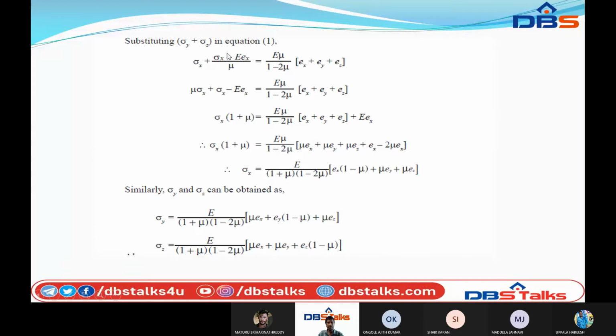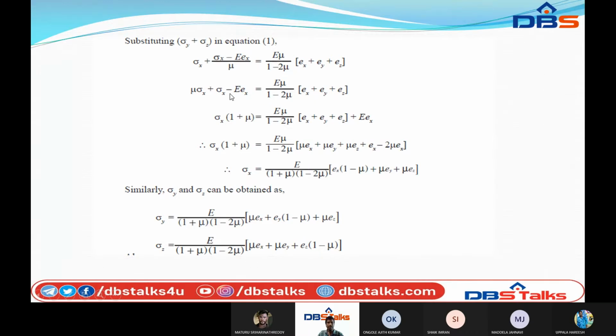After substituting that value in equation 1, we get, and multiplying mu with the terms, mu into sigma x plus sigma x minus Ex, as E mu by 1 minus 2 mu and similar terms. After taking sigma x as the common term in the LHS, the remaining will be, 1 will stay in that position. 1 plus mu, E mu by 1 minus 2 mu, Ex plus Ey plus Ez.